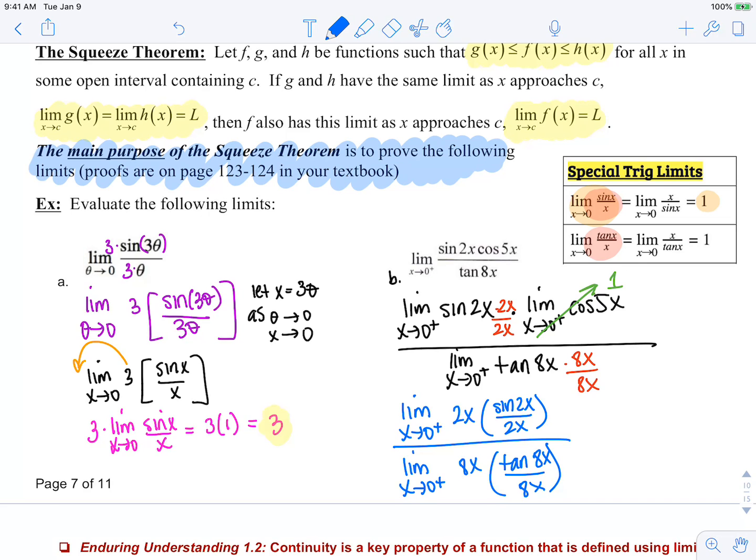So we've just shown in the limit to the left that once you have sine of something over the same value or tangent of something over the same value, those will be 1 if we did some substitution. So this is the limit as x approaches 0 from the right of 2x times 1 over 8x times 1. What's going to happen now is these 1's cancel, these x's cancel, and we're left with the limit of this constant fraction 2/8, which simplifies to 1/4.